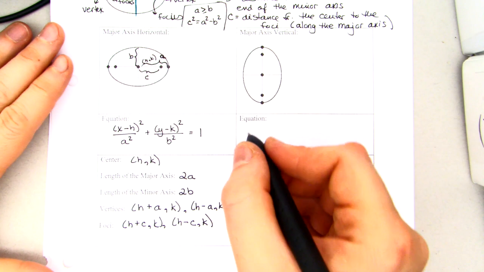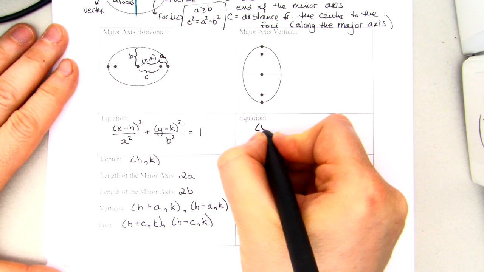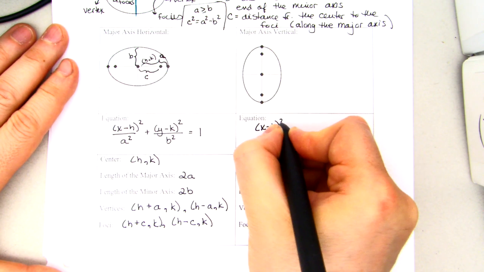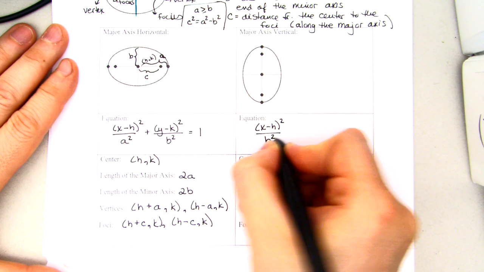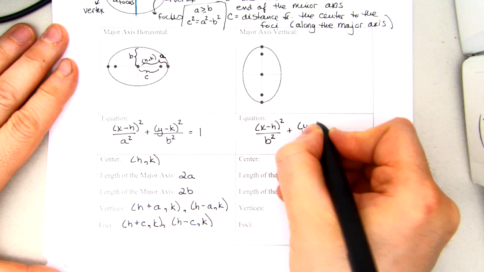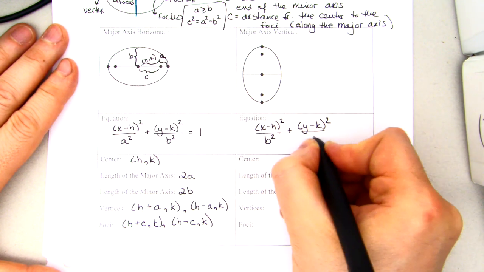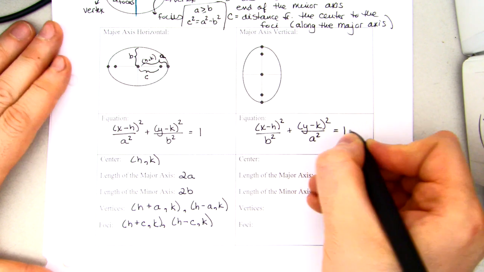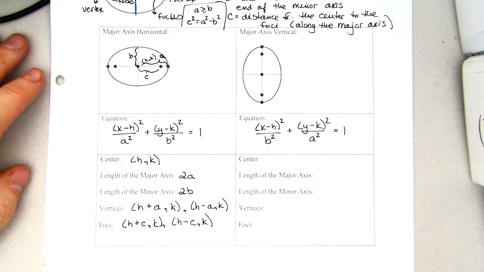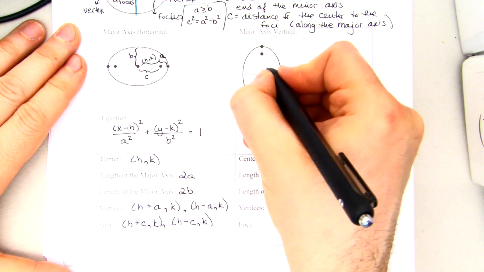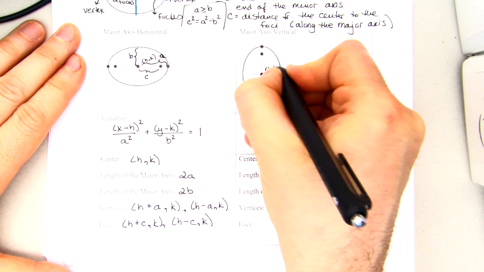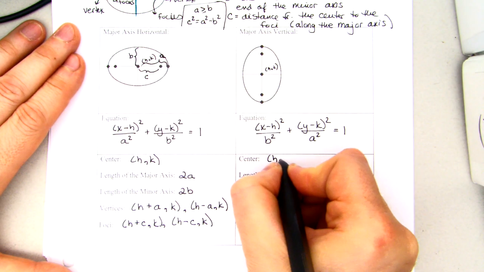If the major axis is vertical, my equation will look like x minus h squared over b squared plus y minus k squared over a squared equals 1. My center is once again h comma k.